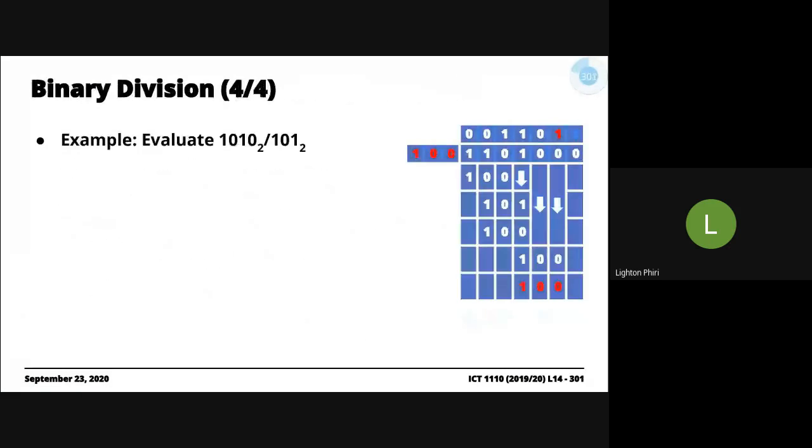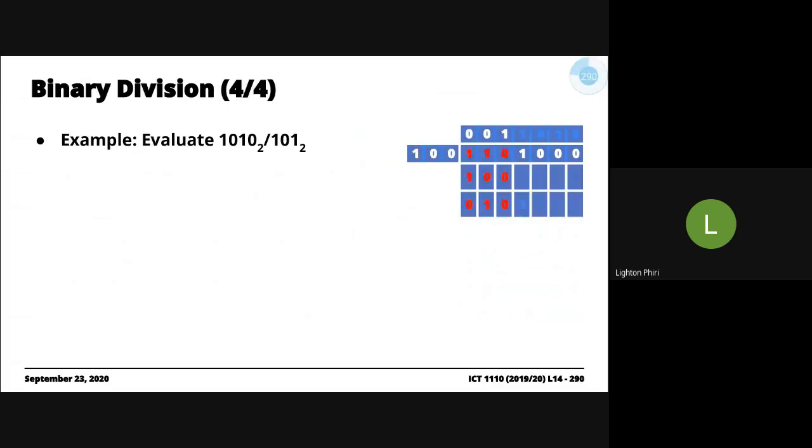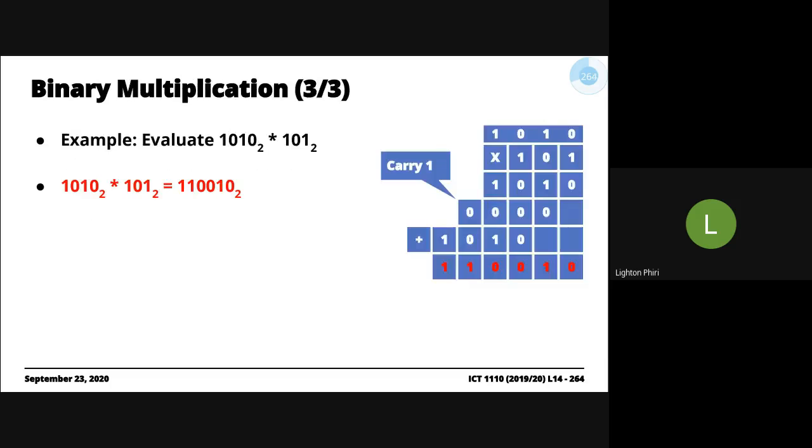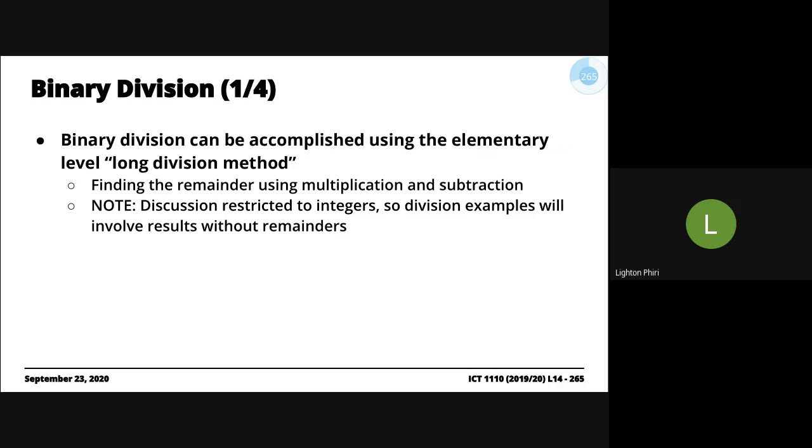Okay, so it turns out that binary division is quite trivial if you take advantage of the long division method that was introduced to us in grade 1. I don't know if you still remember that, but fear not, we shall revise it. It'll be a quick revision. So we take advantage of long division, and the concept is the same.